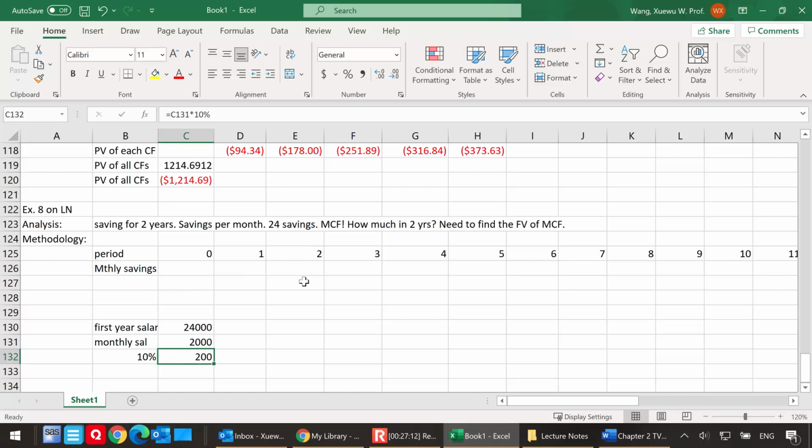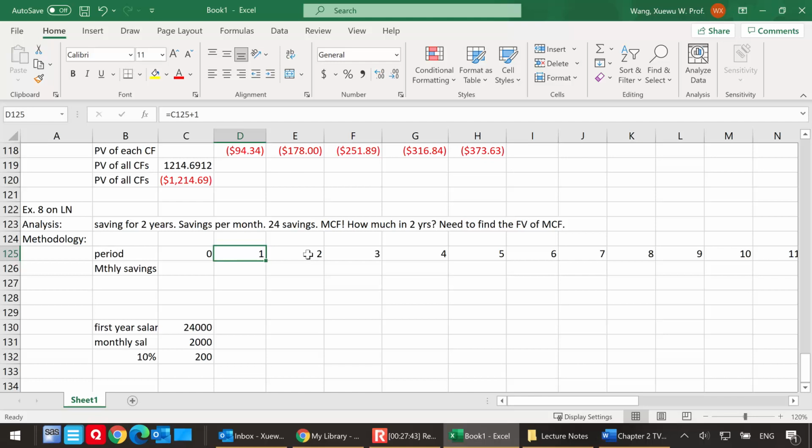But the question is, where do you want to indicate the first 200? Well, we're dealing with a multiple cash flow timeline here. So this is today. This is also the beginning of the first month. And this time point here, cell D125, is the end of the first month. It is also the beginning of the second month.